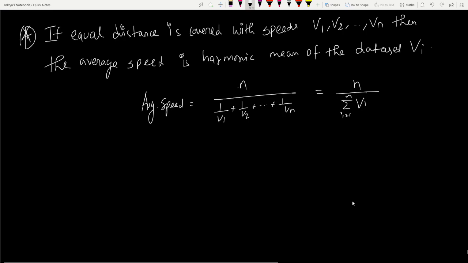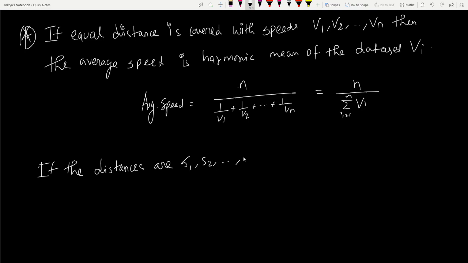And even if there are different speeds, so if the distances are s1, s2 all the way up to sn, then this is a case of weighted harmonic mean. Then the average speed, as you can see how harmonic mean directly gives you the answer here. It's a weighted harmonic mean with weights s1, s2, sn.